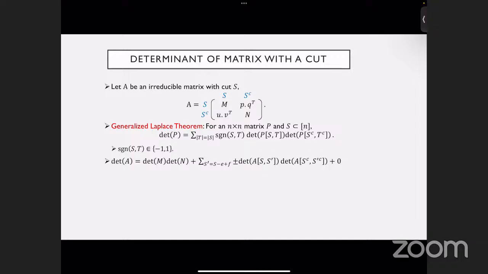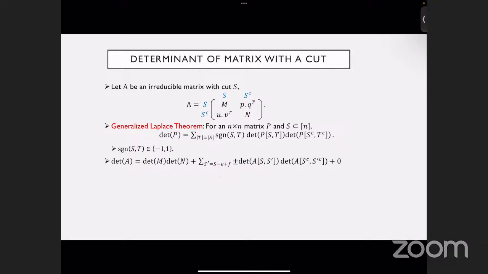And now if we compute the determinant of this matrix A using the generalized Laplace theorem, the first term corresponds to the term when T is exactly equal to S. So when T is exactly equal to S, this is the matrix P, and this matrix is equal to matrix N. And now we consider subsets S dash which differ from S by one element.